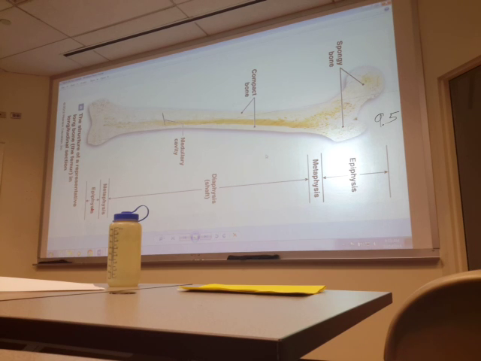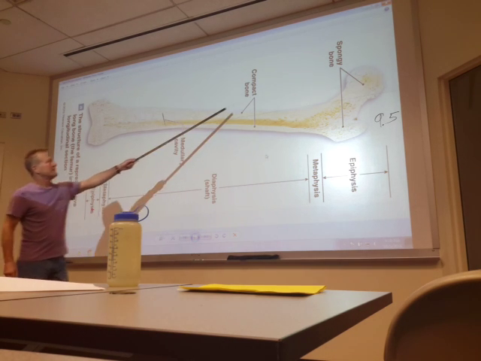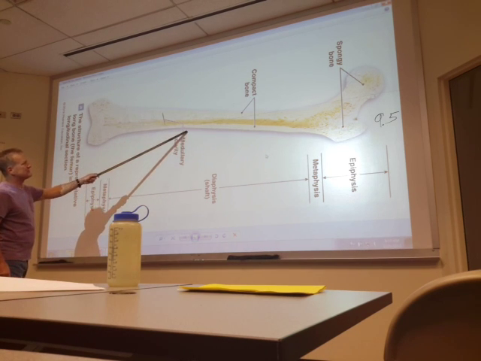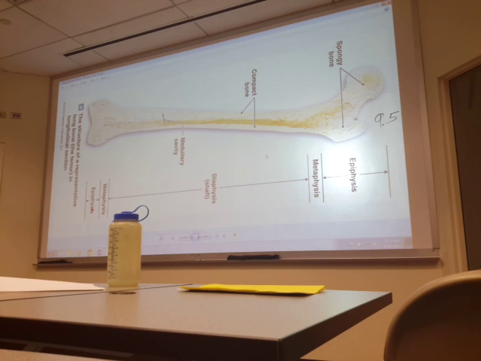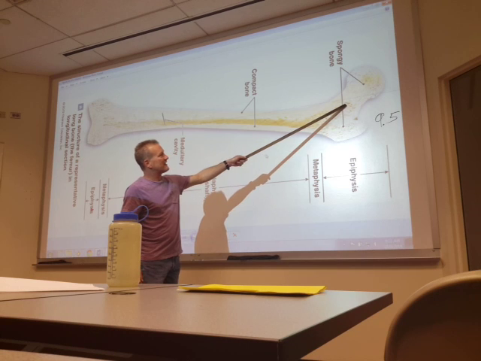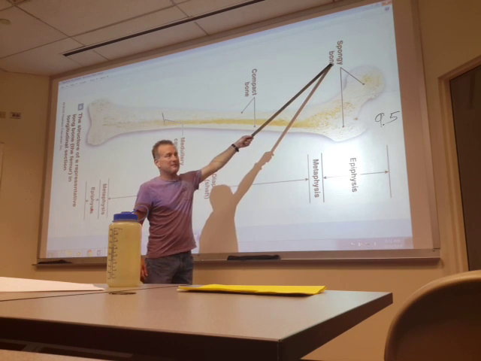Whether we're looking at the ends or the shaft, the superficial bone is compact bone, also called dense bone. But if we compare the ends to the shaft deeply, we see a difference. On the ends, either end, deep to the compact bone, we have spongy bone.